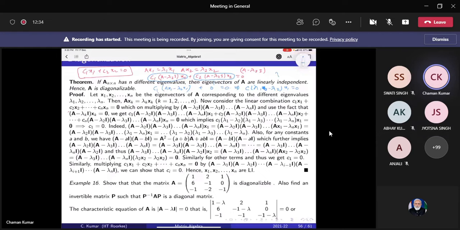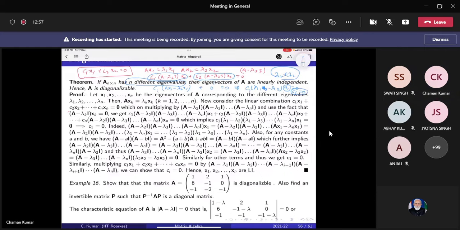And lambda 1 and lambda 2 are distinct. This is what we have said in the beginning. These are different eigenvalues, so lambda 1 and lambda 2 are not equal. So the only possibility for this to be 0 is C1 is 0, because x1 also cannot be 0. X1 is an eigenvector.